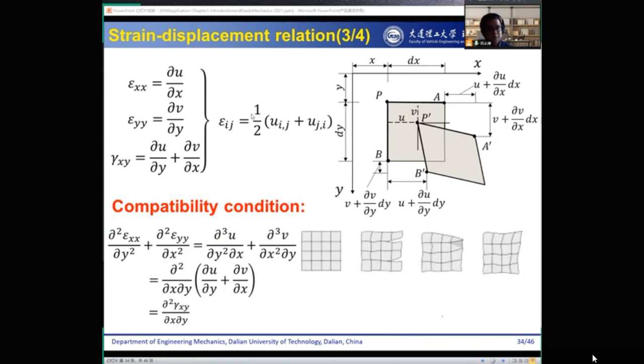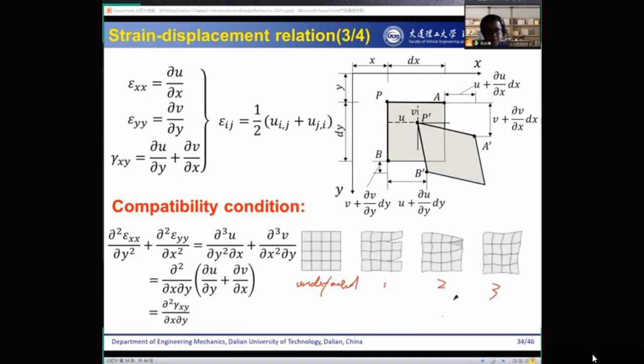So when we talk about the strain and displacement relation, we talk about the compatibility condition. So what is the compatibility condition? Let's have a look at an example. This is the undeformed, and these three are the deformed.